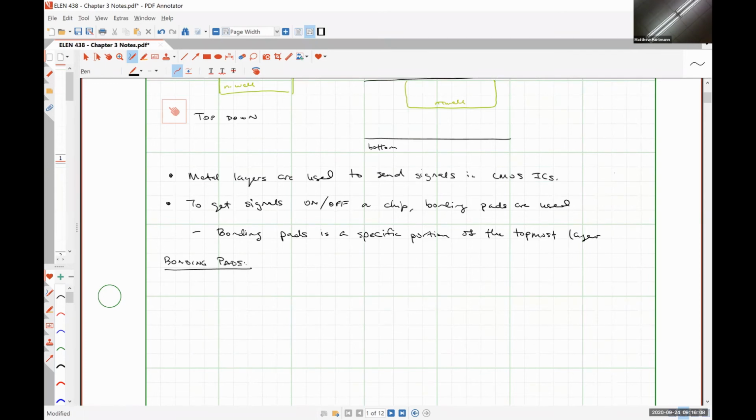For a bonding pad, the minimum overglass opening is 60 microns, and this was rule 10.1.